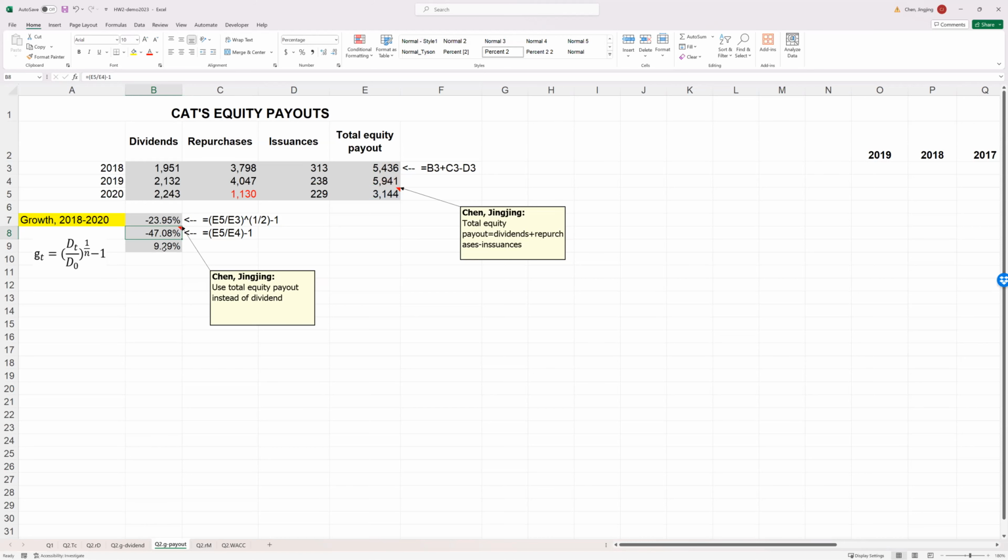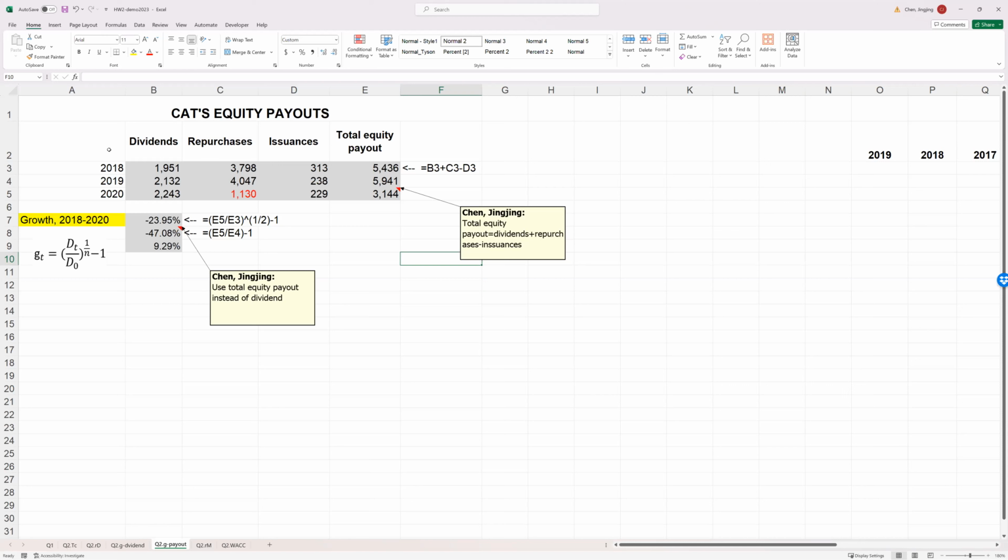But if we only consider the annual growth rate from 2018 and 2019, this looks a little bit more reasonable, 9%. If I want to go above and beyond, if I want to make my own equity analysis for CAD, I probably will go further.